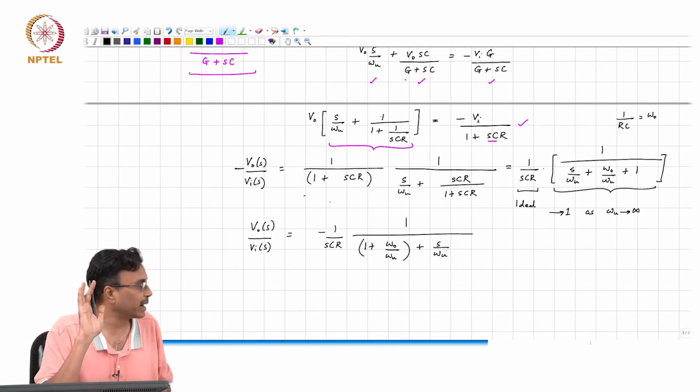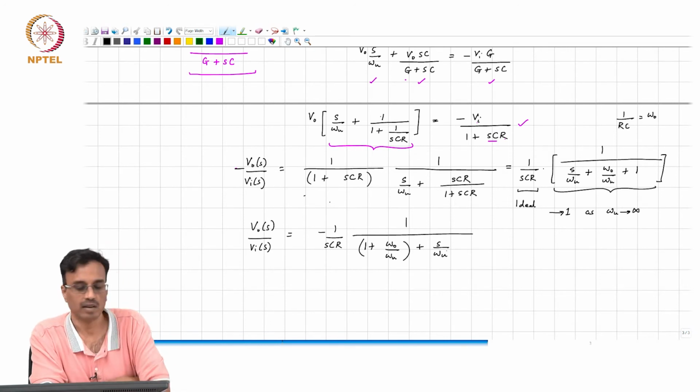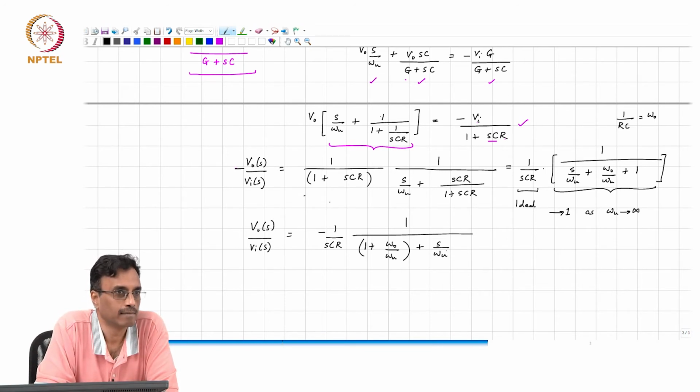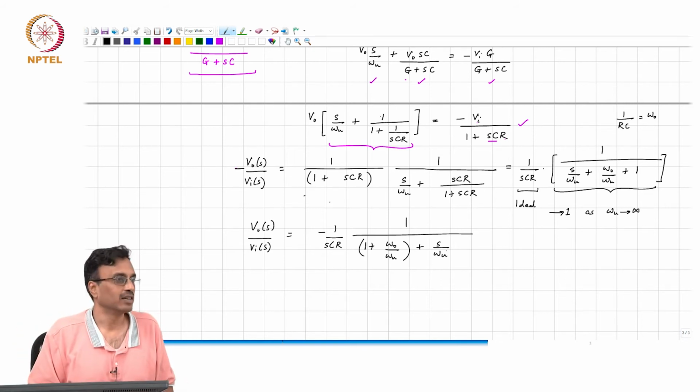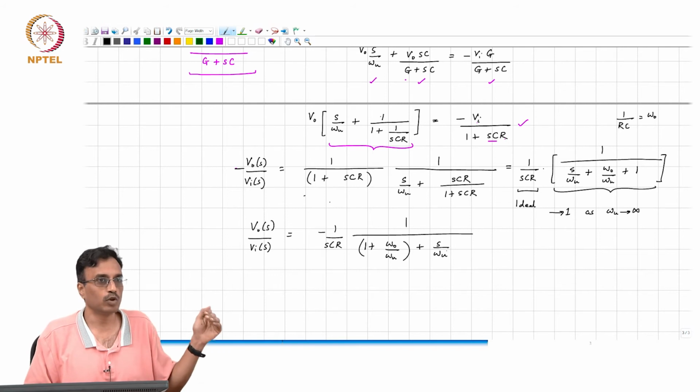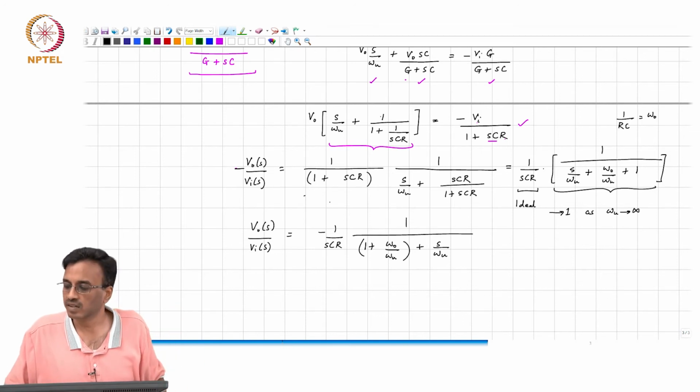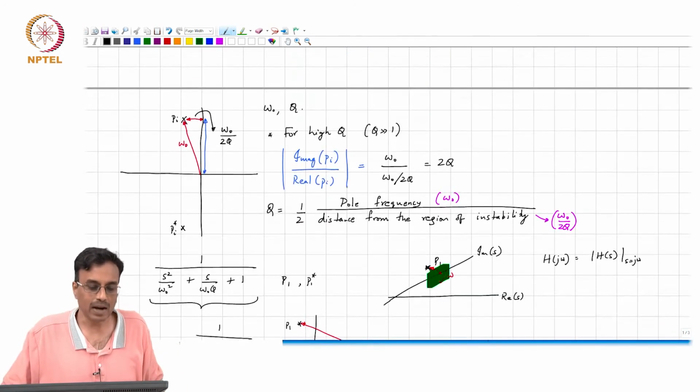Intuitively, what would you expect for omega u versus omega naught? What do you think we should have? Well, you are basically trying to make an integrator with a unity gain frequency of 1 by RC, which is omega naught, and this is working on the principle of negative feedback.